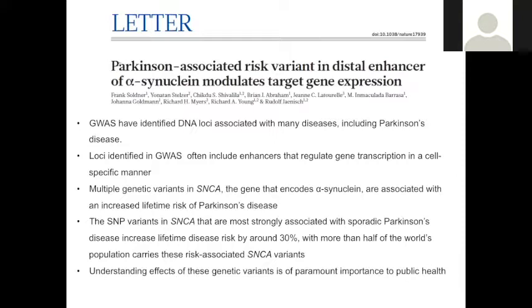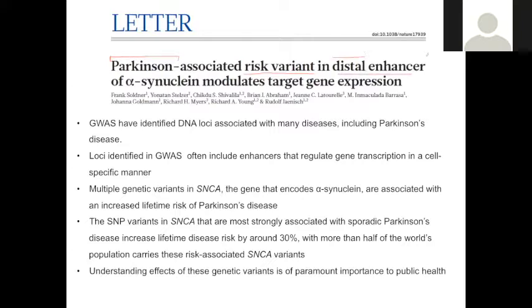So before we go any further, let's just unpack what this title is talking about. So Parkinson's disease, of course, is what it's talking about. And this is another neurological disease. We're looking at risk variants. So this is probably a fairly low penetrance variant that we're talking about, perhaps identified in a genome-wide association study. We're looking at a distal enhancer.